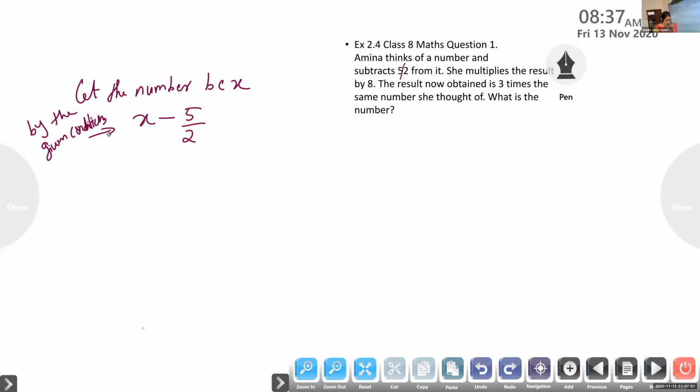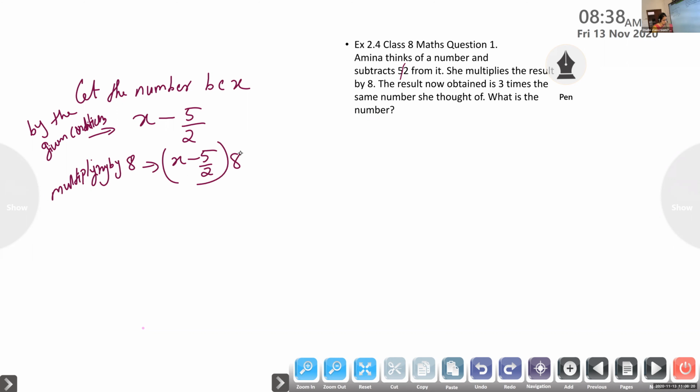Now, again, what is she doing? She multiplies the result by 8. So, multiplying by 8, we get x minus 5 by 2, into 8.